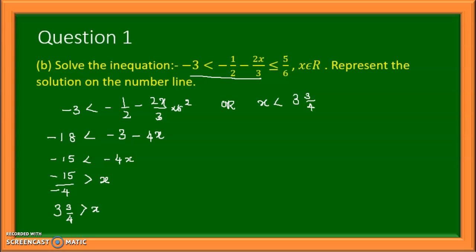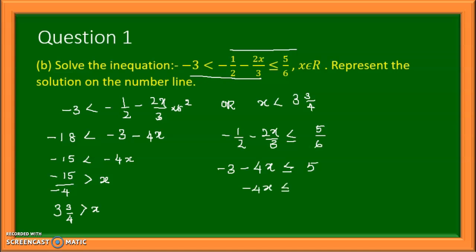Now next we can take the second part: minus 1 by 2 minus 2x by 3 less than or equal to 5 by 6. Multiplying throughout by 6, you get minus 3 minus 4x less than or equal to 5. Now take the minus 3 to the other side: minus 4x is less than or equal to 5 plus 3, which is 8.